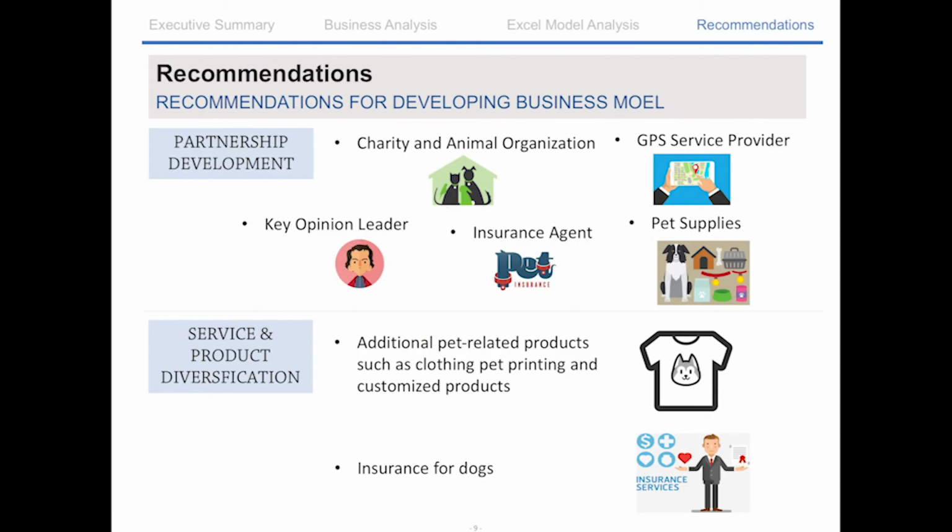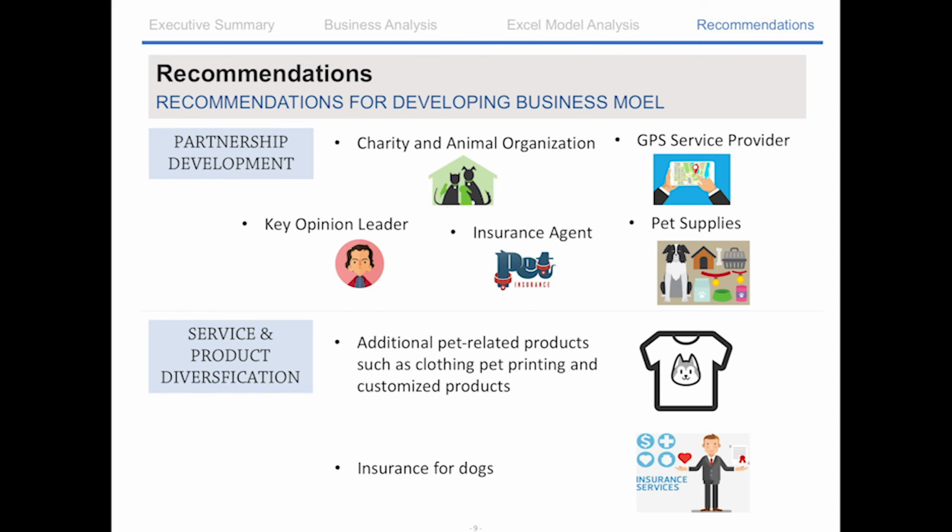Finally, based on the detailed analysis of the current situation and findings from the Excel simulation model, some specific recommendations for Dogpool to develop its business model are given from 5 aspects, which are partnership development, service and product diversification, resources, customer relationship, and channel, respectively.